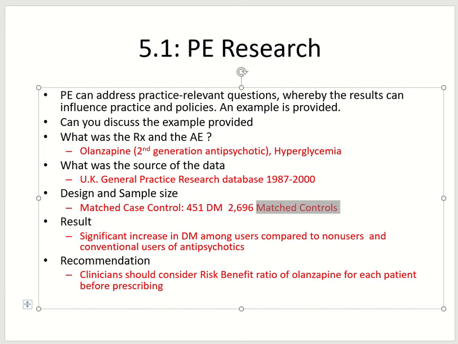And after they looked at the relationship between the hyperglycemia and olanzapine, the results were a significant increase in diabetes among users of olanzapine when they were compared to non-users or users of conventional antipsychotic. So they found out that there is a link between the two, and therefore there was a recommendation for clinicians to consider the risk-benefit ratio of olanzapine for each patient before prescribing.